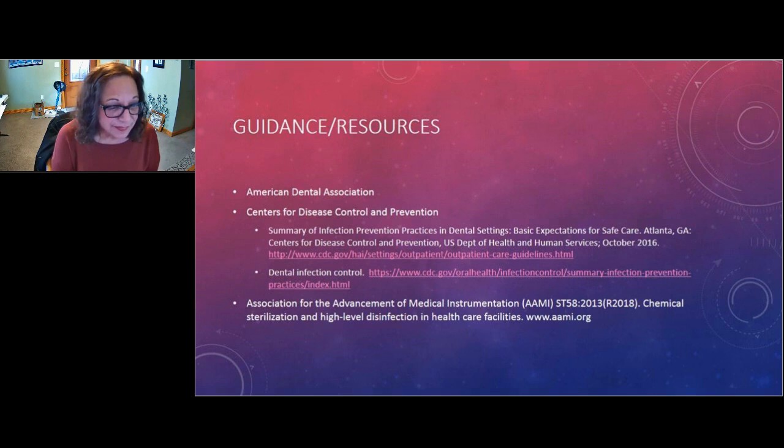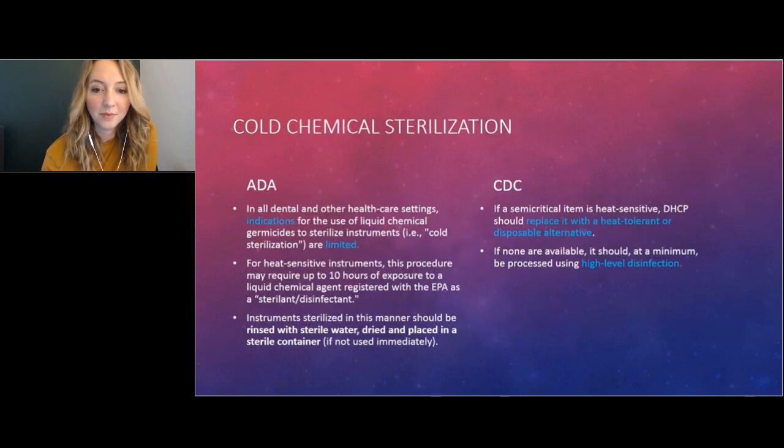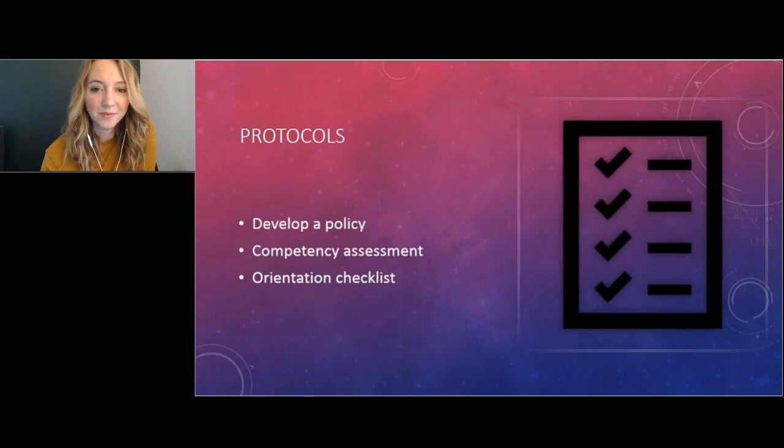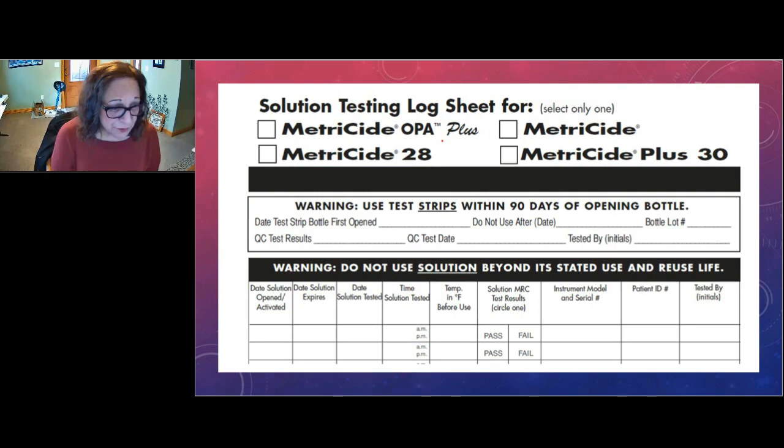Okay, this next question, what information should be documented in a logbook for chemical reprocessing? Well, let me go back. Okay, so all your test strip bottle information, the date the bottle was first opened, and then how long it can stay open, the beyond use date, in other words, that is based on the test strip manufacturer's label.